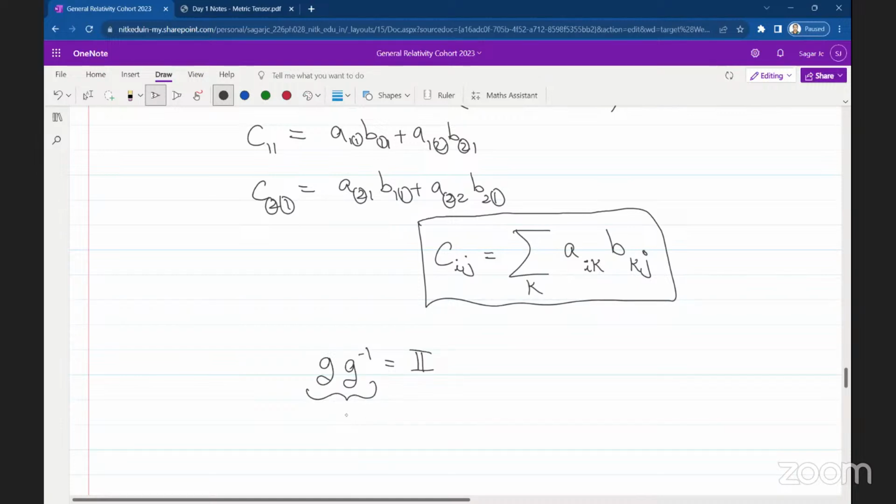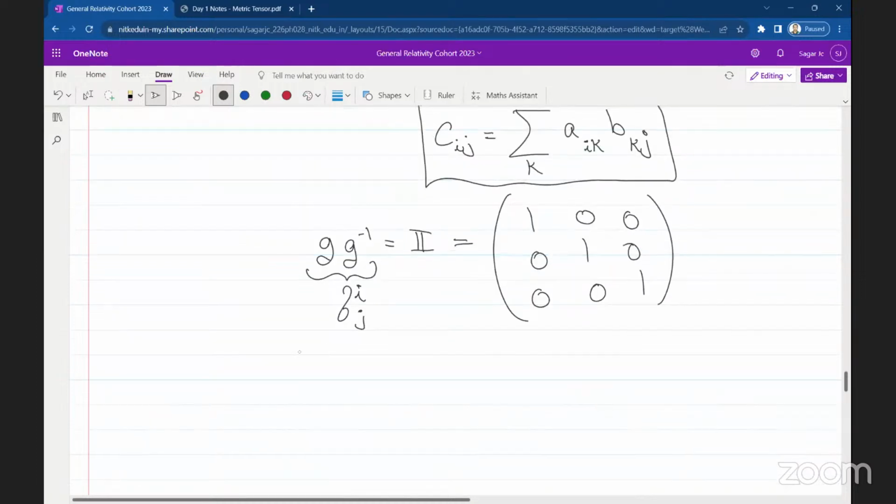It should be delta i j. Why am I writing i in superscript? You will get to know shortly. When i is equal to j, it should be 1. When i is not equal to j, it should be 0. So it should be like this: 1, 1, 1, and 0 elsewhere.